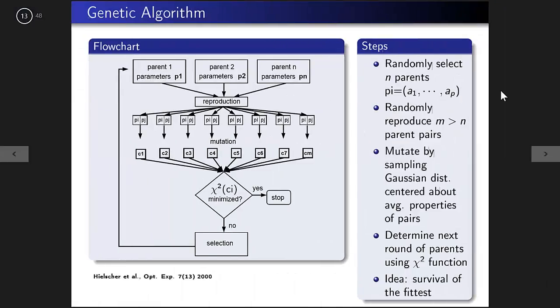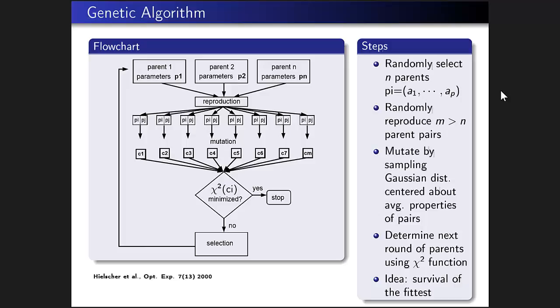So next is the genetic algorithm. You take your parameters and you set a set of parents. You have n parents that are randomly chosen. These are n combinations of this vector A. And you go through this reproduction phase in which you pair these different parents, n parents, in m different combinations.